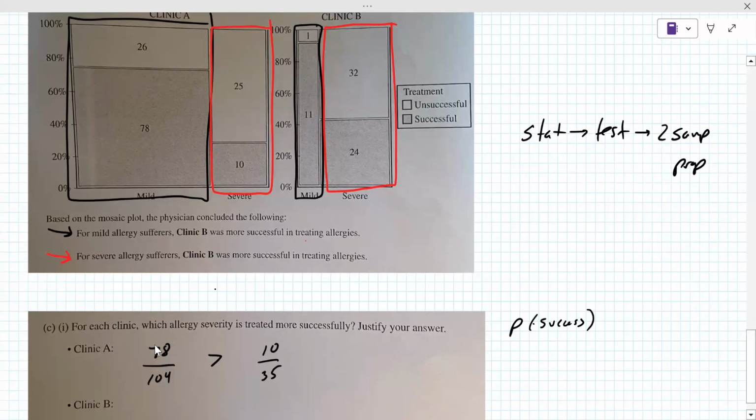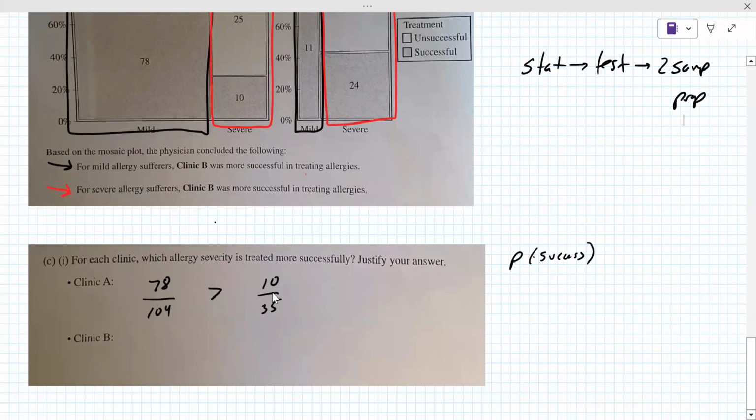I think you've got an X1, N1, X2, N2. Oh yeah, there we go. And you want to show that it's greater than 0.